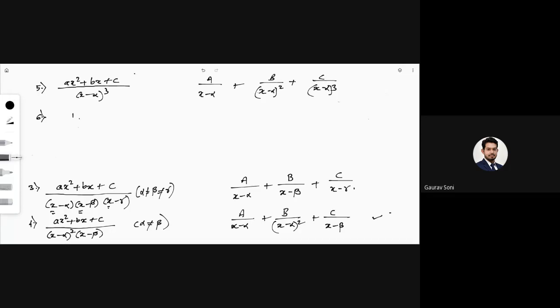So if you have an equation, say for an example of the form px plus q upon x minus alpha and x square plus bx plus c, where ax square plus bx plus c has no real roots.